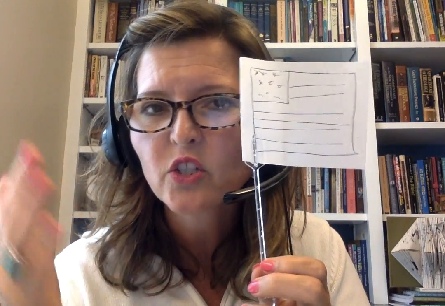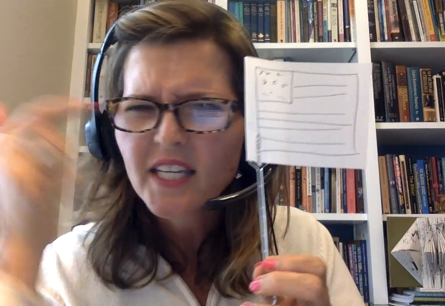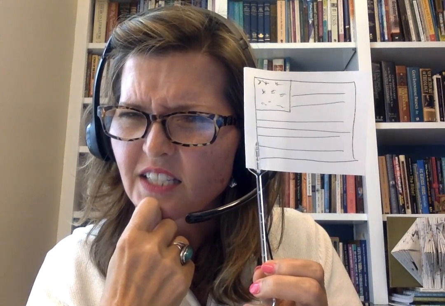Is this for China? And this is how you test their comprehension. Is this for China? And then they go, no, that flag is America. This flag is China. Good job. And don't forget to give them teeth. Good job.